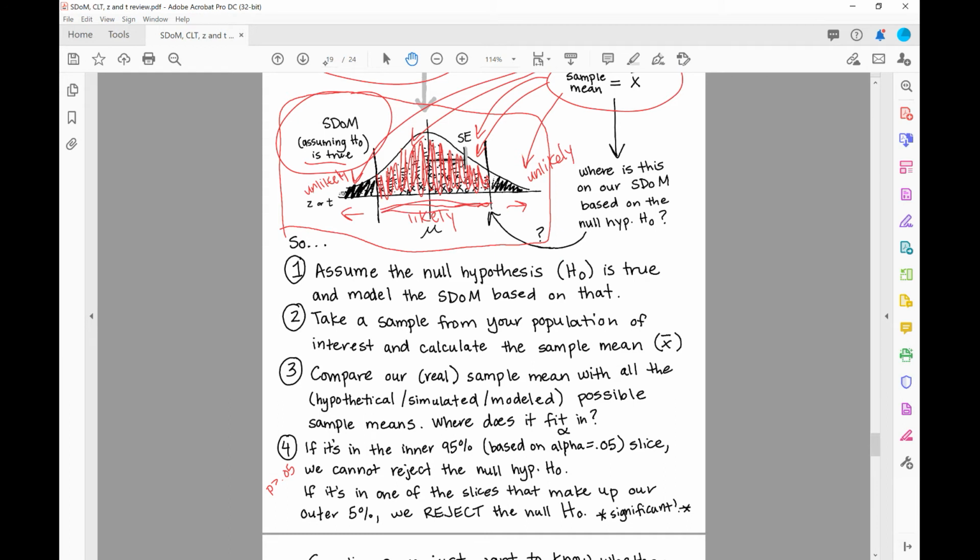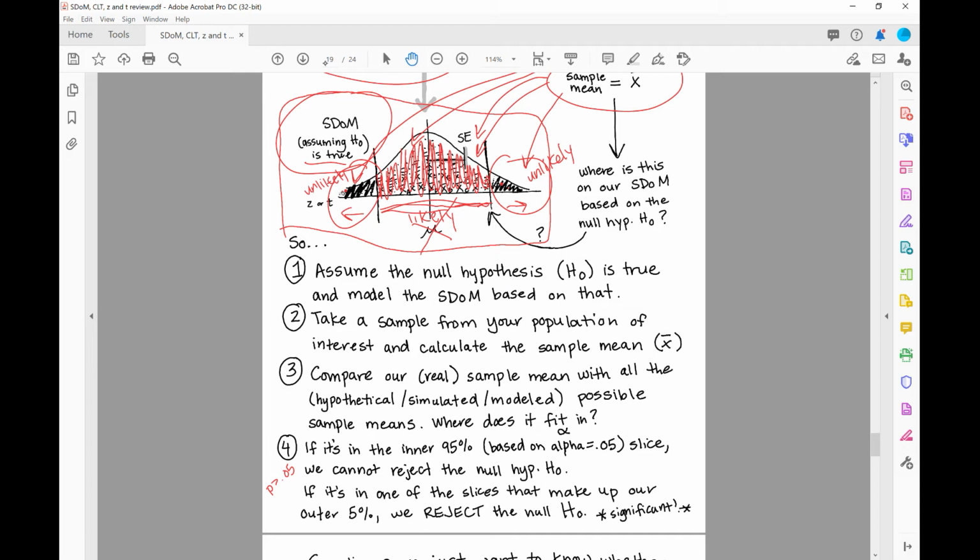If it's in one of these outside slices where there's only 2.5% here and only 2.5% here, there's not very much. If it's in this outer 5%, then we say, nope, that's really weird to have happened. I'm going to reject the null hypothesis. I think something really is going on that's other than this. I think it's not this.